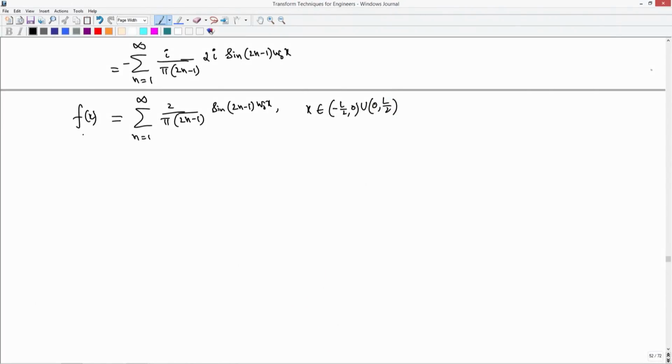So, what we try to do from here is that we will just see, if you consider in this series, if I consider only finitely many terms.